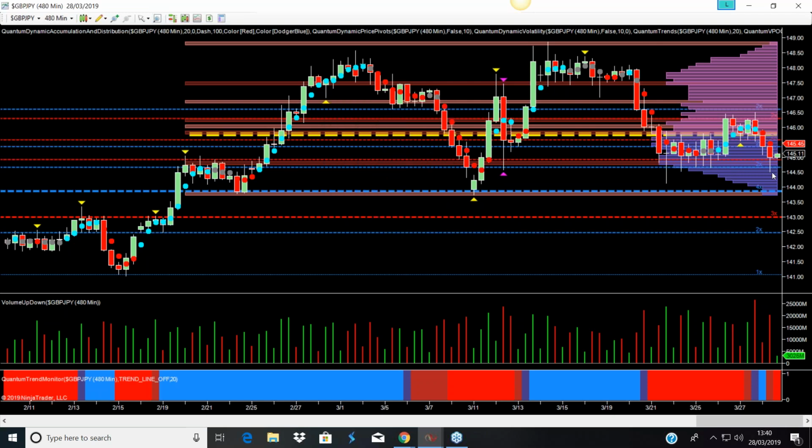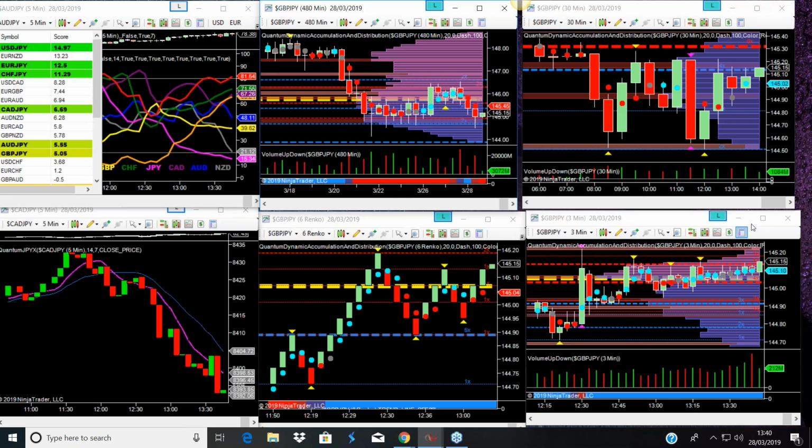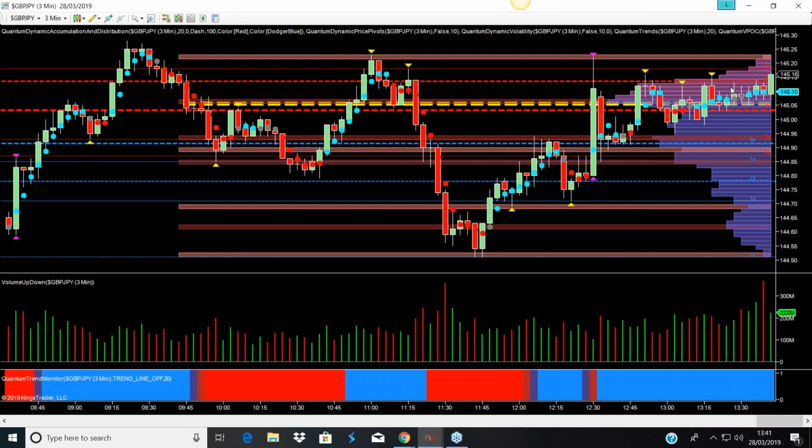Now, what that's also telling us, coming to the end of this session here, on the move over to New York, is that the candle itself will tell you there has been a degree of continuation of the buying that came in under the wick of this candle, and it was supported with a reasonable amount of volume. So let's go and see. That's on the 8-hour chart. So what does that tell us on the faster time frame?